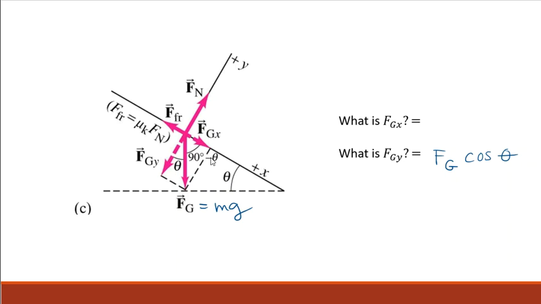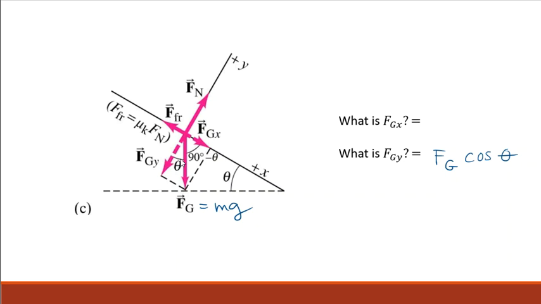If this is 90 minus theta, then for this right angle, that means this has to be equal to theta. Okay, so for example, if this is 85 degrees, then this must be 5 degrees. Okay, so now we have our angle.